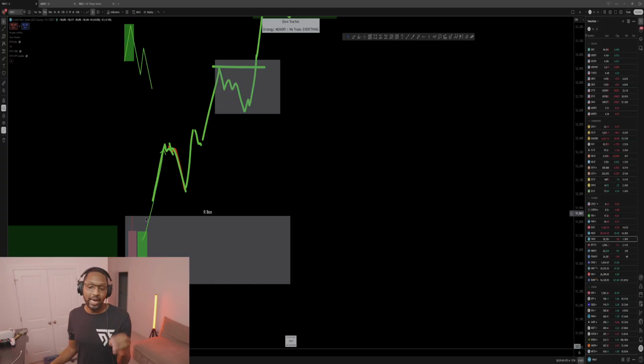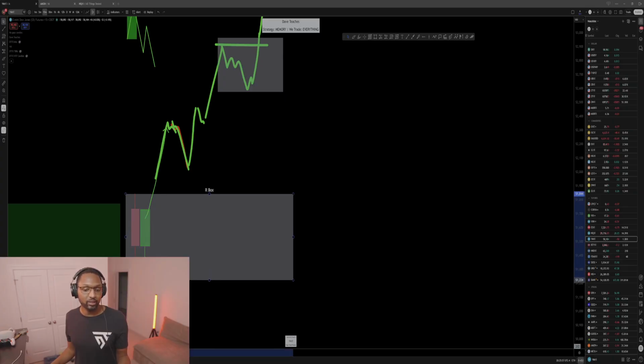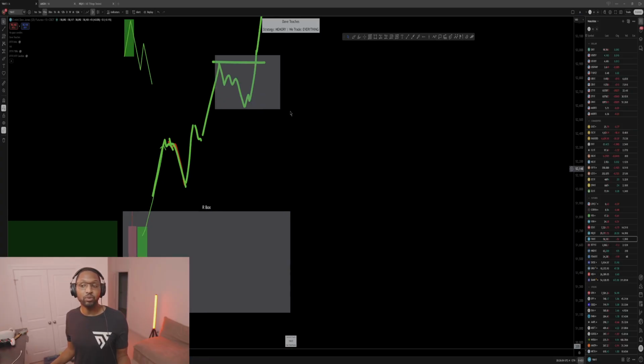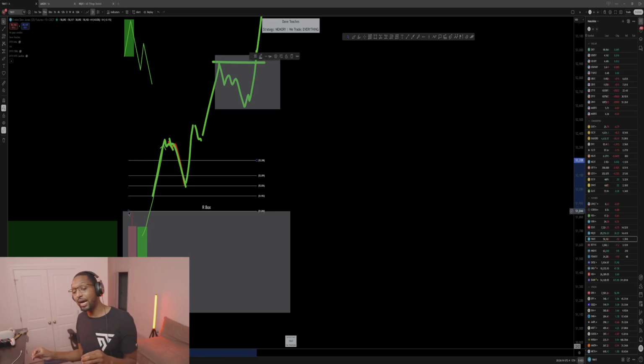So the last bearish candle is the last down candle. So what we do is, if there is a wick here on the bullish candle, what we end up doing is dragging the box to the low of that bullish candle, right? But our fib is not put on the high of the bullish candle. Our fib is put on the high of the bearish candle, because it's the last down candle.